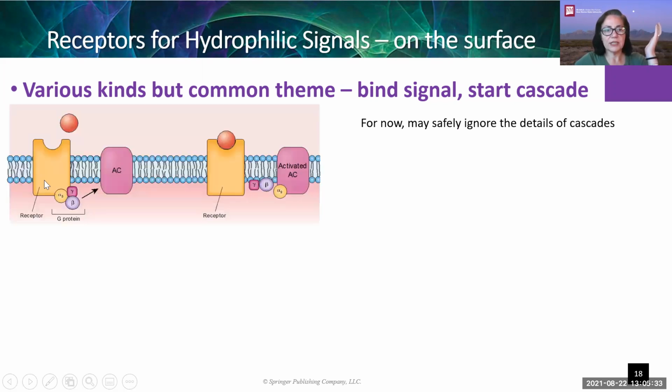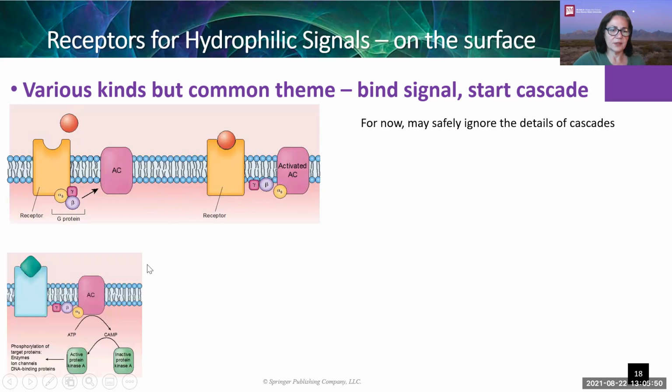So here is a G coupled receptor. Here's the signal molecule coming close to it. Once the signal molecule binds here, that activates the G protein, and these subunits go on and do something else. And here's another G-coupled receptor. Its signal is a different molecule.